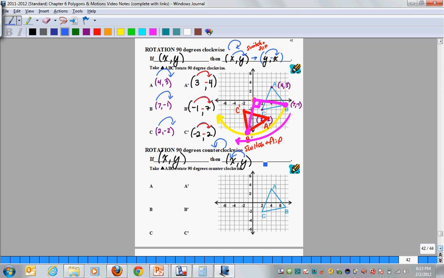So draw your little arrow like this. And what you're going to do is you're going to switch and flip. So you switch this time, Y and X, but now we're going to flip the sign on the first component. Why? Because that is our counterclockwise direction.